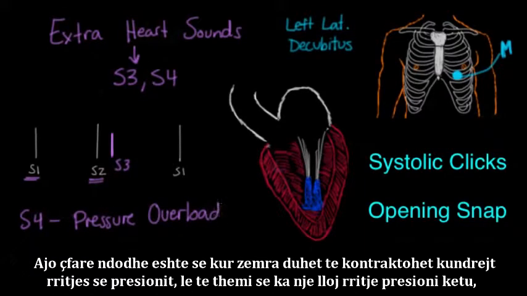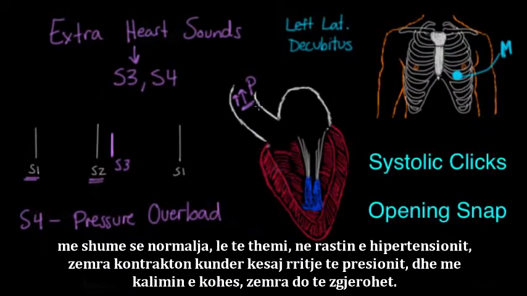S4 is a pressure overload problem. What happens is when the heart has to contract against increased pressure, so let's say there's increased pressure here, greater than the normal amount, maybe in a case of high blood pressure, the heart is contracting against this increased pressure, and over time, the heart is going to actually hypertrophy or increase in size.